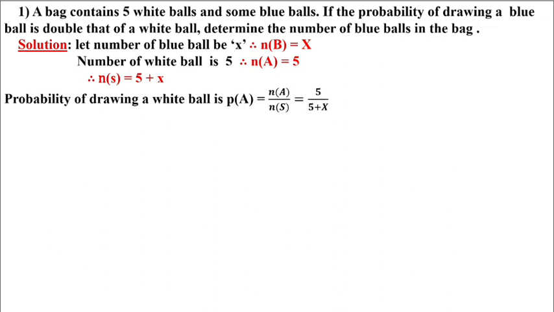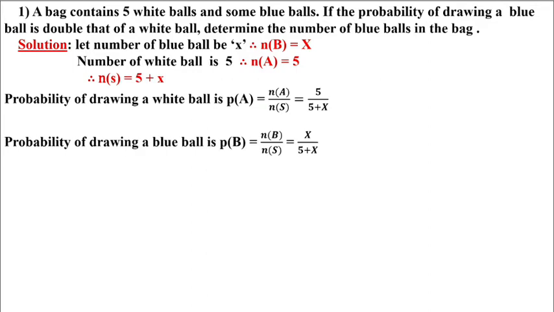Now it is given, probability of drawing a white ball, probability of A, equals number of A upon number of S. The number of A is 5, and the number of S is 5 plus x. And the probability of drawing a blue ball is number of B upon number of S. Number of B we have taken as x, and number of S is 5 plus x.